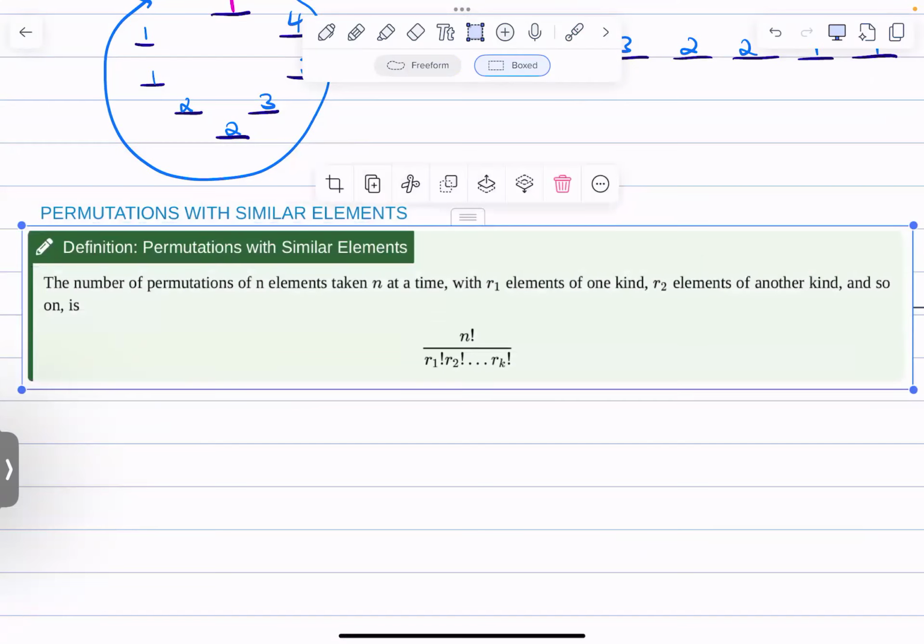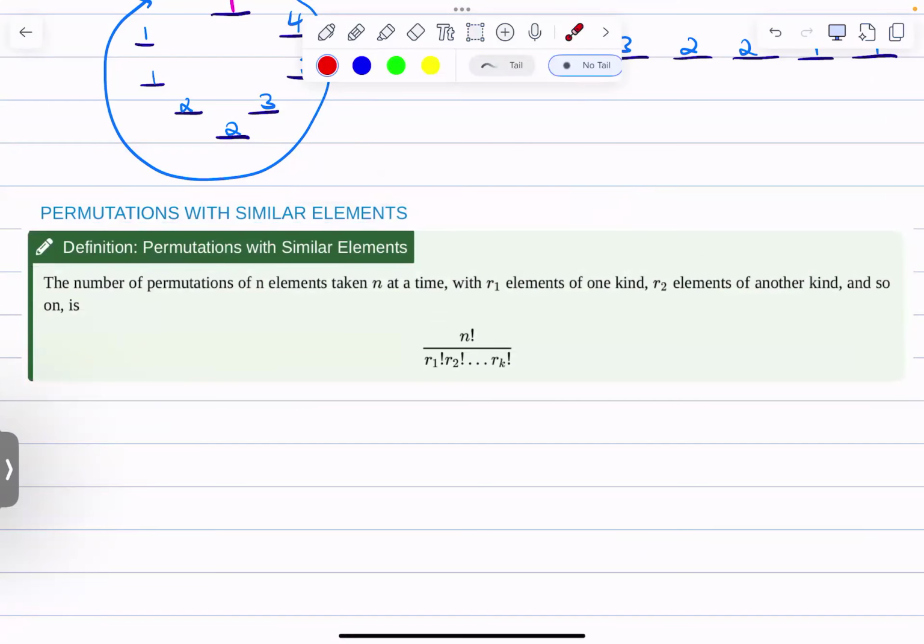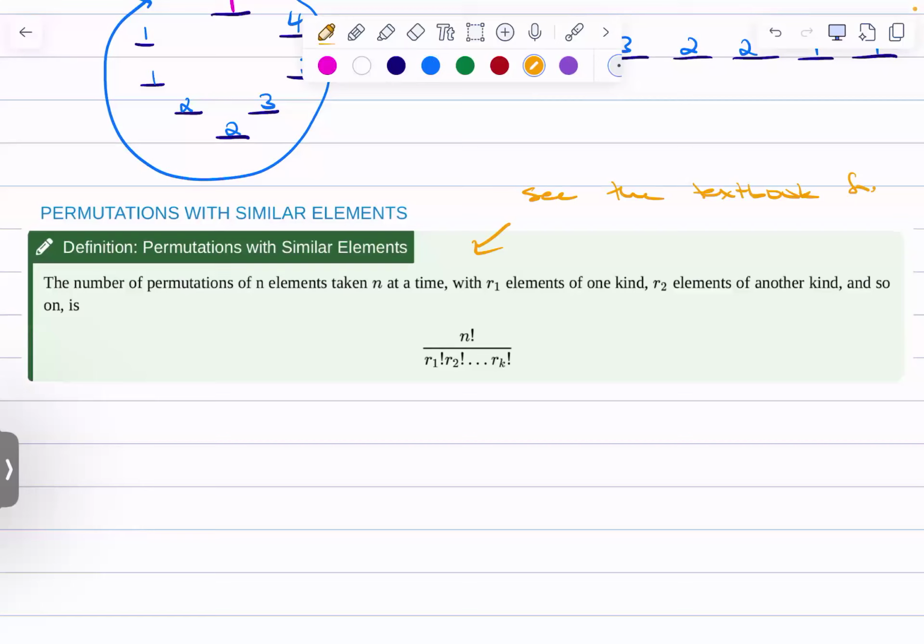Just like with the explanation of the circular table, permutations with similar elements has a lengthy discussion in the textbook as well. See the textbook for a longer explanation.